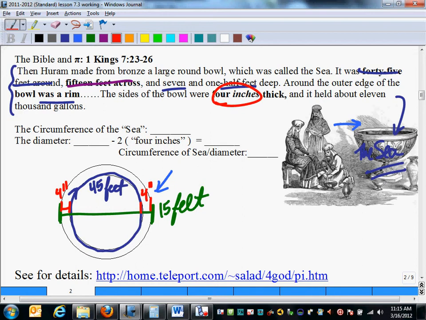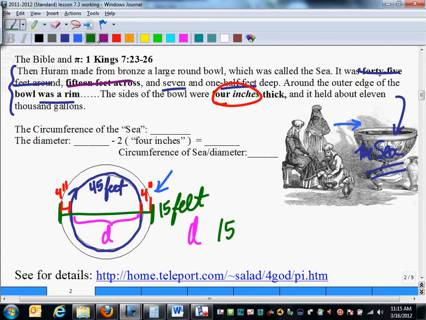Okay? Now, the true diameter that compared to that circumference is right here. Call that D. So we have the outer, 15 feet.